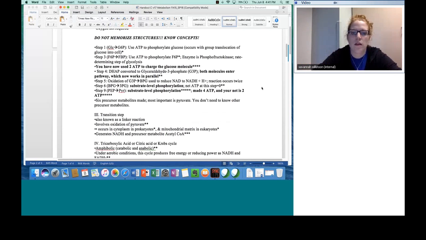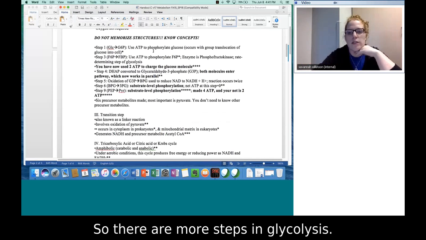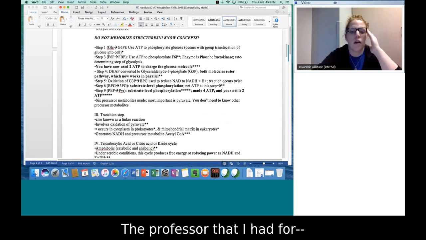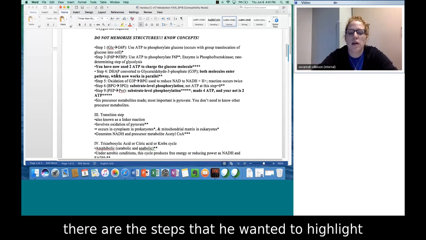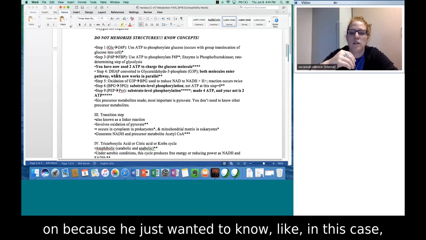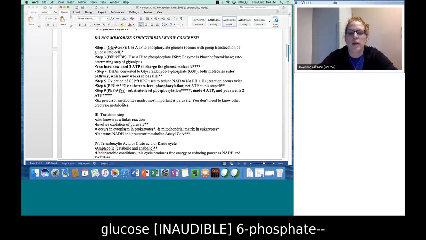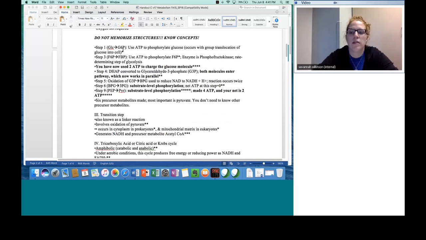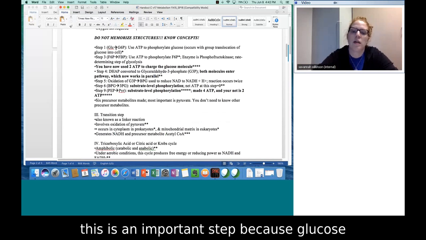And so there are more steps in glycolysis. The professor that I assigned for, these are the steps that he wanted to highlight. Like, in this case, glucose 6-phosphate, this is an important step because glucose was phosphorylated.